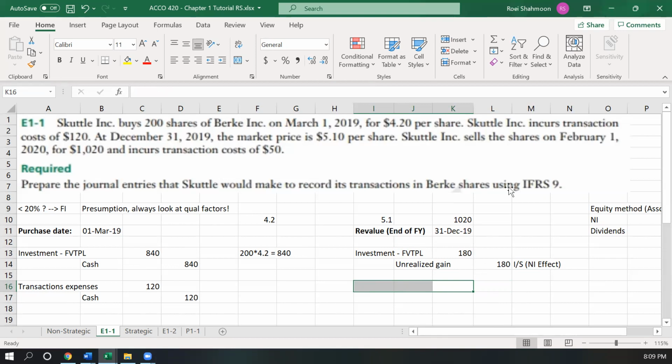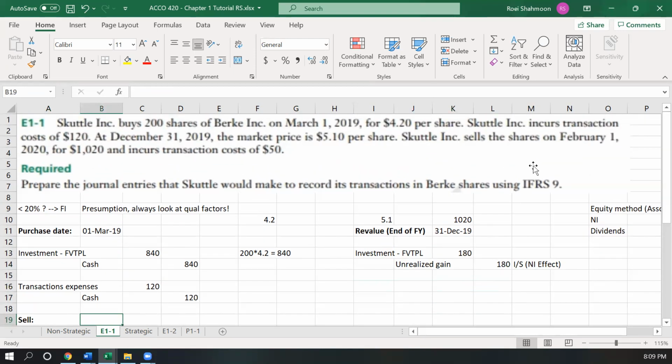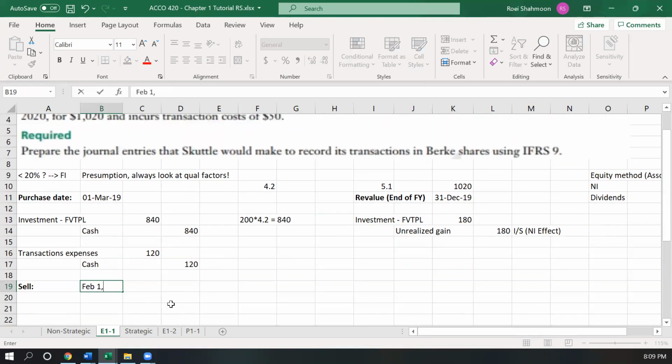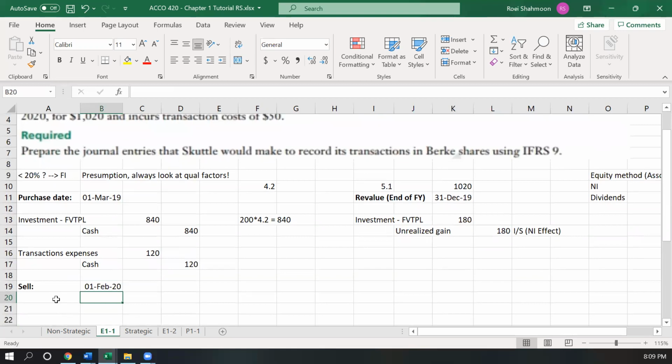Our last thing here to do is the selling. We could do that down here. Sell. And when do we sell? We sell on February 1st, 2020. So that's actually my selling price. It's not a revaluation, it's actually a selling date. So you can sell it whenever you want, and that's fine and dandy. So what do we do here, guys? You sell, so you get cash, and they tell me I got 1020, so $1020.